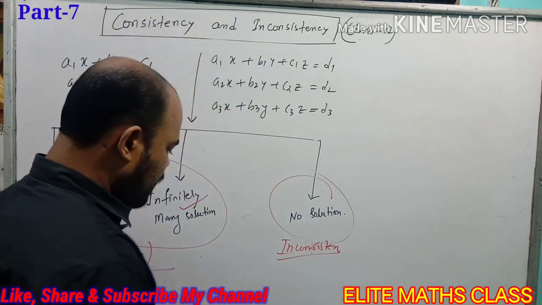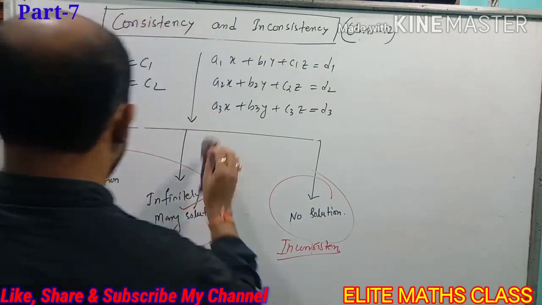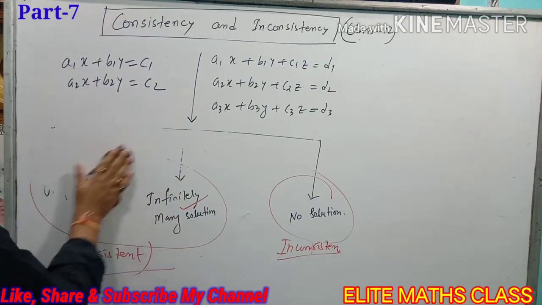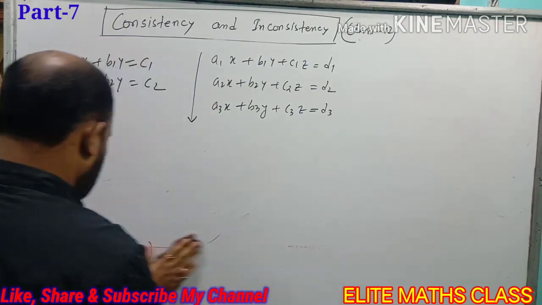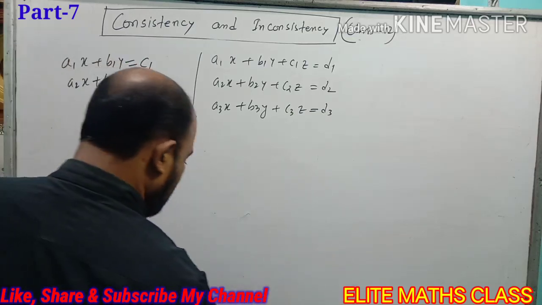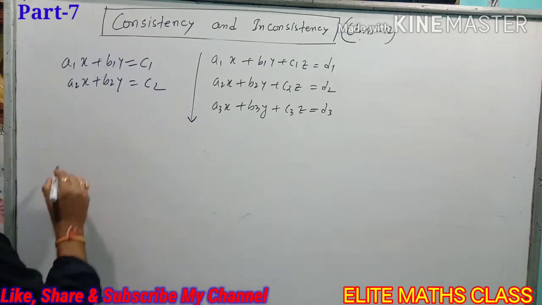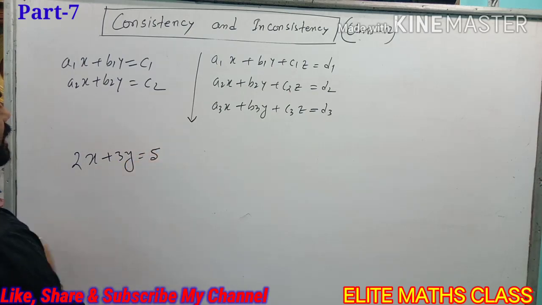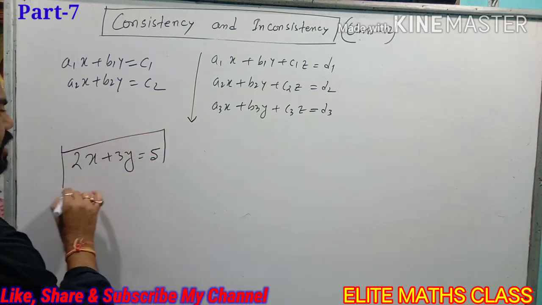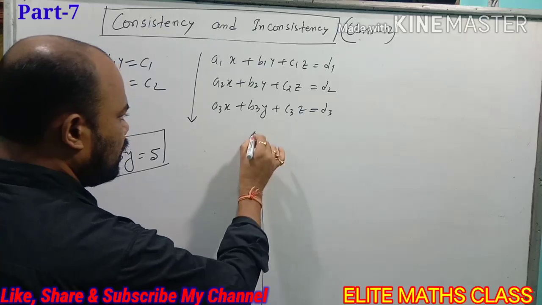Now in our class 10 syllabus, we have studied the same thing but in a different way. We also know that a linear equation in two variables, for example 2x plus 3y equal to 5, represents a straight line on the graph paper.